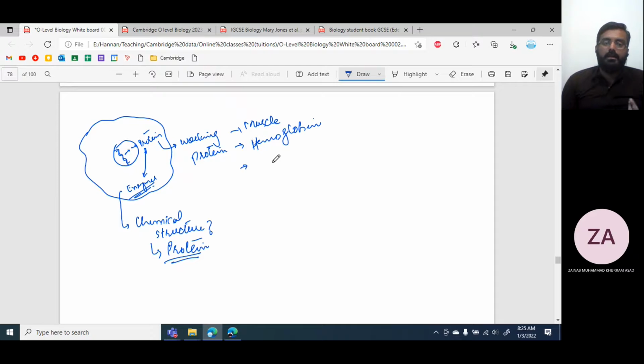It can create the heart. It can create the connection between the muscles. It can create the antibodies. You must have an idea of antibody. It can create the antibodies, right?